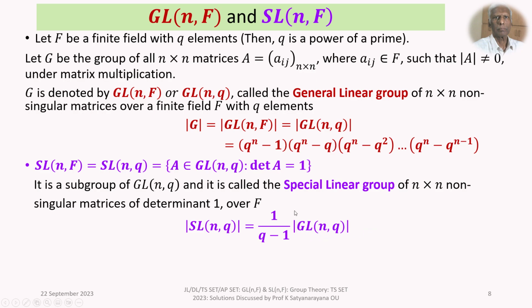That means you have to divide the order of GLNQ by Q minus 1. And SLNQ is not only a subgroup of GLNQ, but it's also a normal subgroup.